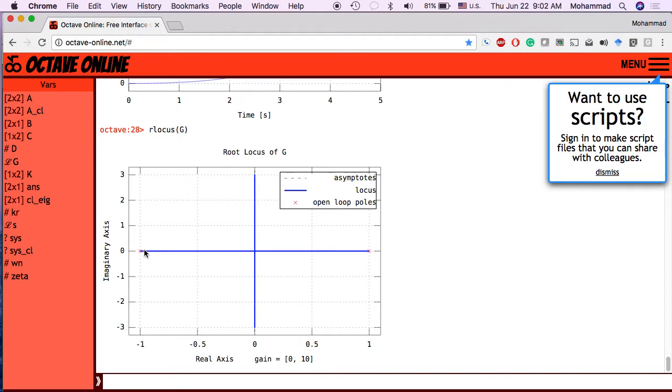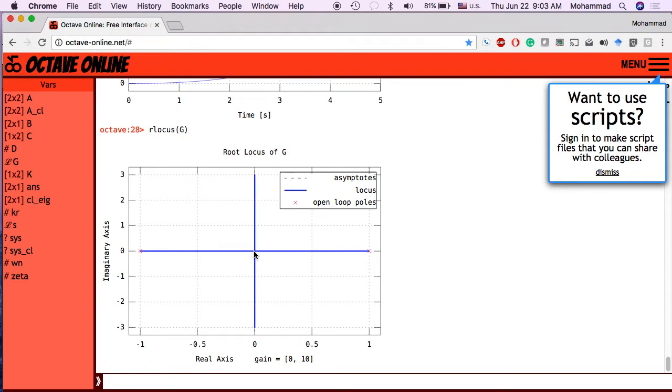As you increase the controller gain, you're able to displace this otherwise unstable pole and bring it closer to 0, which is much better than having an unstable system. So with proper value of k, you can actually bring both poles to 0.